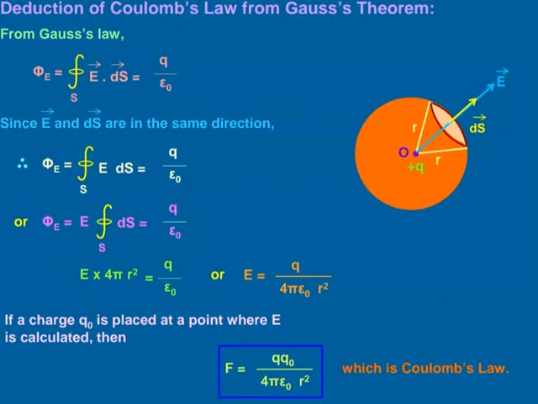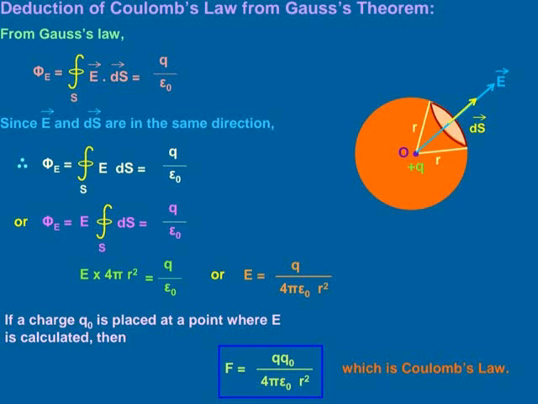Now, let us derive Coulomb's law from Gauss theorem. As shown in the figure, consider an isolated positive point charge Q placed at O. You have to select a spherical surface S of radius R centered at charge Q as a Gaussian surface.